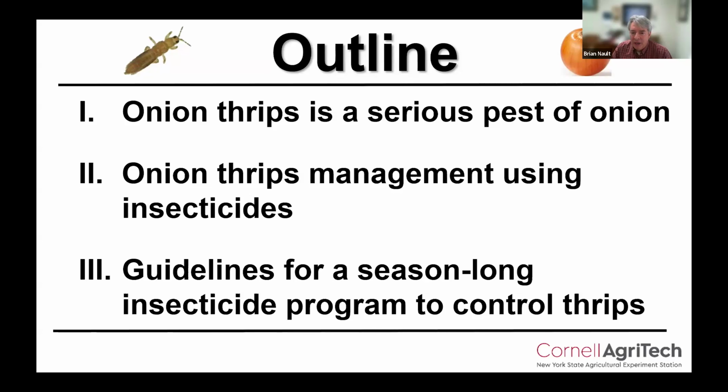Next, I'm going to talk about onion thrips management with a focus on using insecticides, and I'm going to highlight the newest labeled product that we have that's called Vertento. And I imagine most of you have heard of Vertento by now. And then I'll finish up by talking about guidelines for a season-long onion thrips management program using insecticides, and I will also include examples where Vertento would be a nice fit.